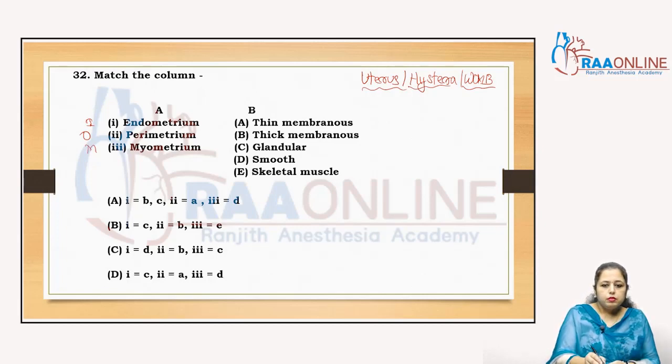Endometrium is thin membranous, thick membranous, glandular, smooth or skeletal? It is glandular. Perimetrium is thin membranous. Myometrium is thick smooth muscle, not membranous.